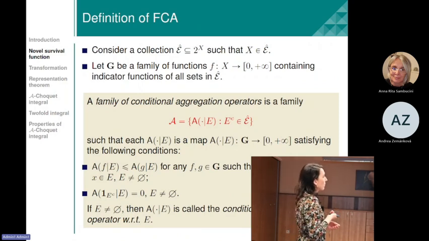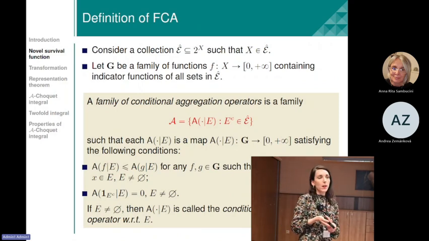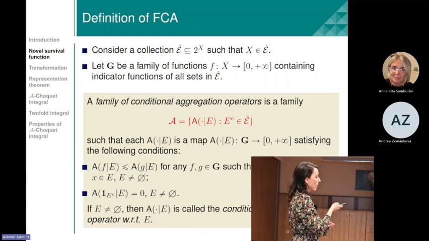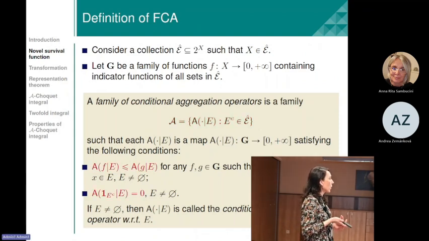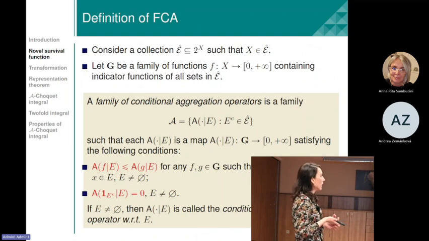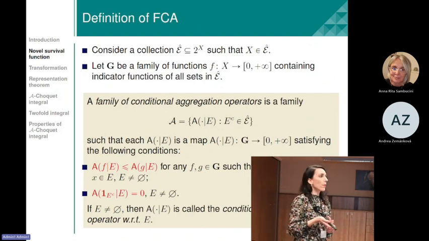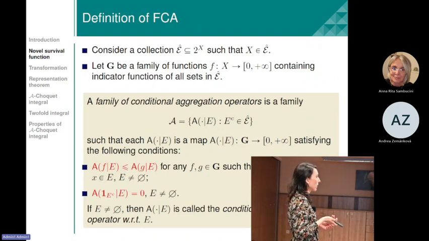This A denotes the conditional aggregation operator which satisfies two conditions. The first condition requires the monotonicity of the conditional aggregation operator on a conditional set. And the second property reflects the fact that zero-valued data on a conditional set doesn't change the value of the conditional aggregation operator.